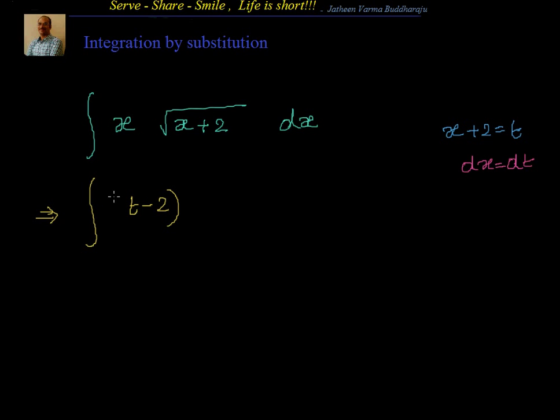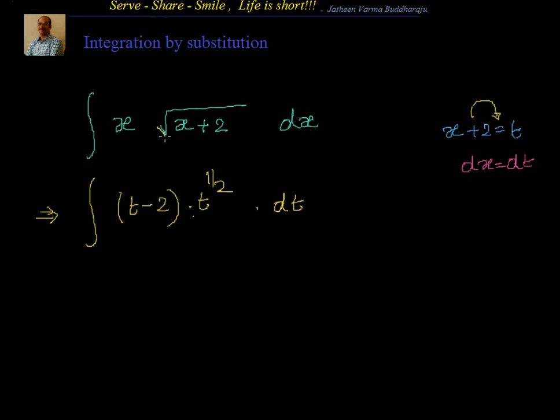So I can write it as t minus 2 multiplied with root of x plus 2. Root of x plus 2 is nothing but t power 1 by 2. And what is dx? Dx is equal to dt. So we have converted now from x into t by substituting x plus 2 equal to t. That is the method of substitution.